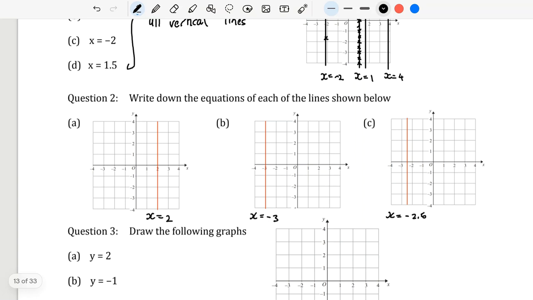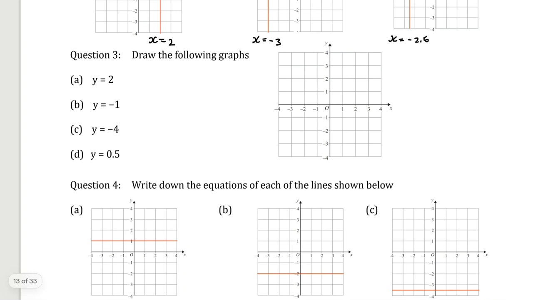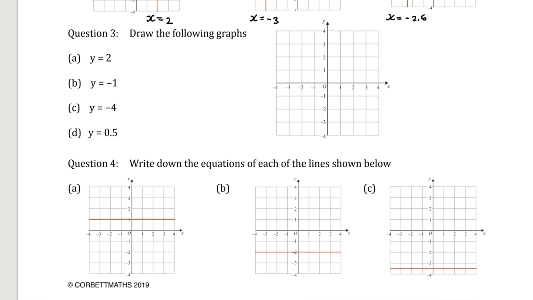So thinking about that, we move on to some y equals. Now, I'm pretty sure that you will be able to think, right, I've got y equals sorted now. That's probably quite easy. So what do you think a y equals 2 line would look like? Horizontal. Yep.